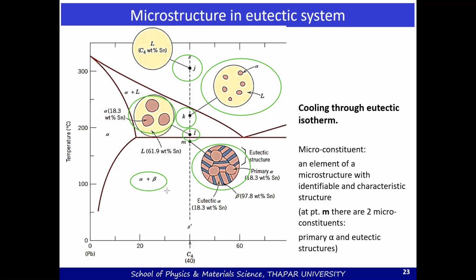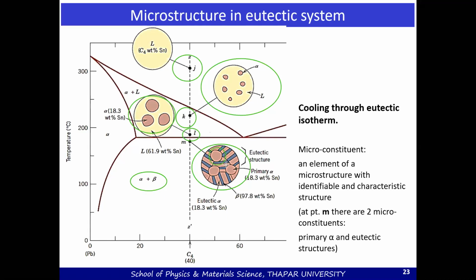So if you look at the complete phase, which is shown as a schematic diagram here, you have three kinds of phases present. The eutectic alpha phase, which is in the form of a light brown colored layered structure. Then you have the blue colored eutectic beta phase, and then this circular phase, which is also light brown, which was initially present at point L, will continue to remain there.